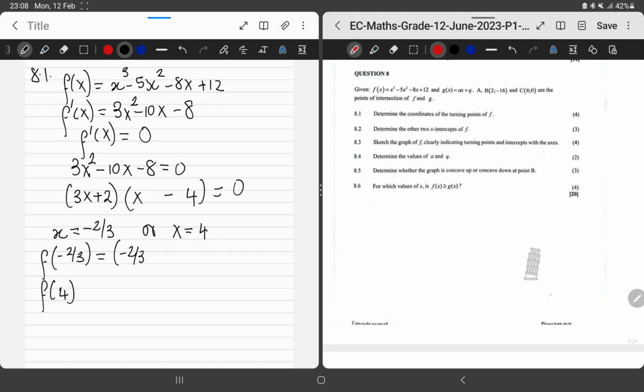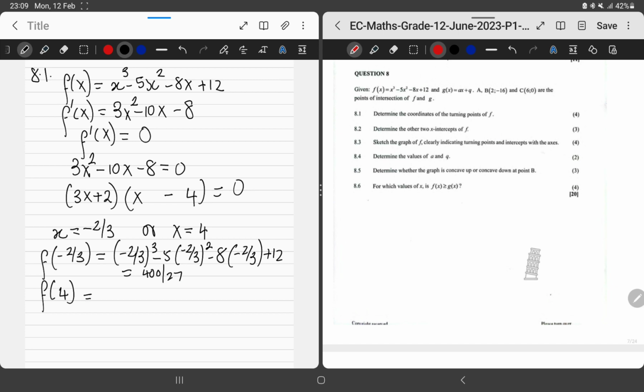This is minus 2 over 3 cubed minus 5 into minus 2 over 3 squared minus 8 into minus 2 over 3 plus 12. I am getting 400 over 27.